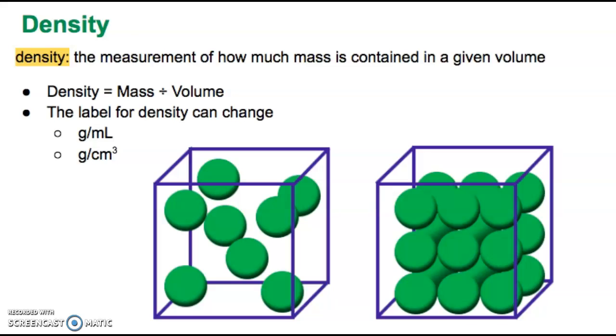But kilograms or grams are the base. And then volume can be measured in milliliters or in cubic centimeters, depending on if we're dealing with a solid or a liquid. So our density label could be gram per milliliter. It could be gram per cubic centimeter, just depending on what it is that we're trying to measure the density of.